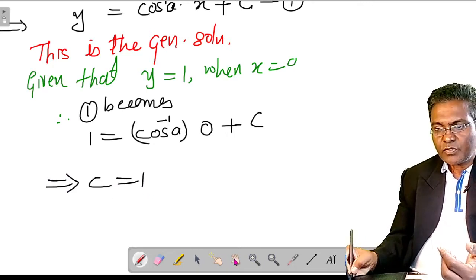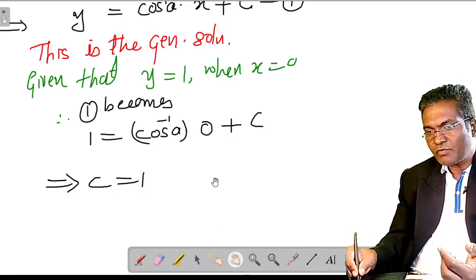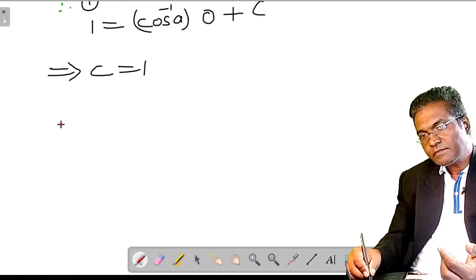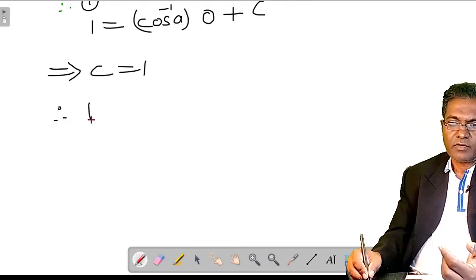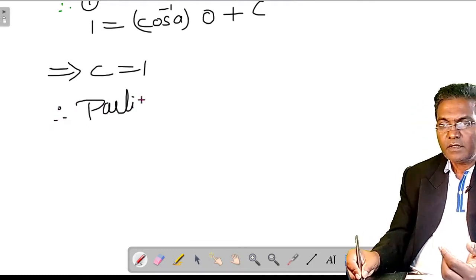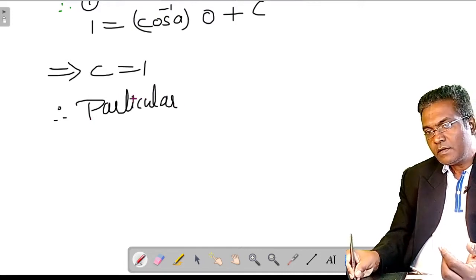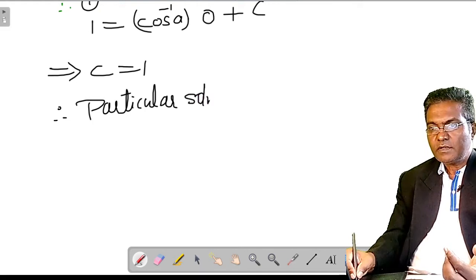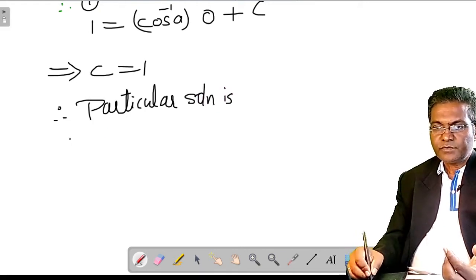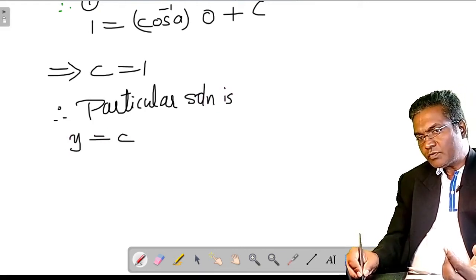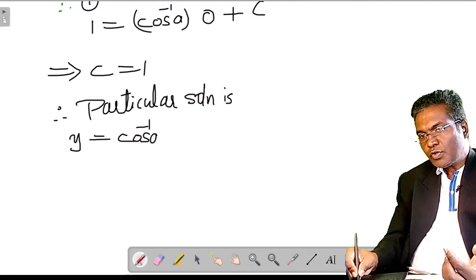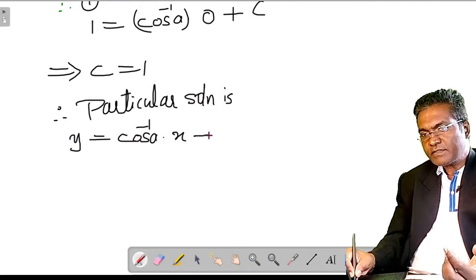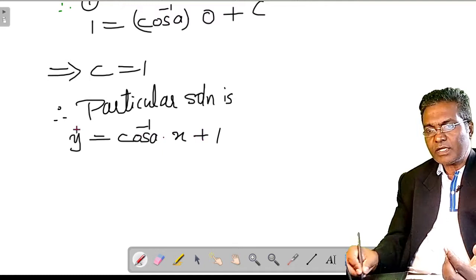Okay, so put this in equation 1. Therefore the particular solution is y is equal to cos inverse of a into x plus constant c, which is 1.